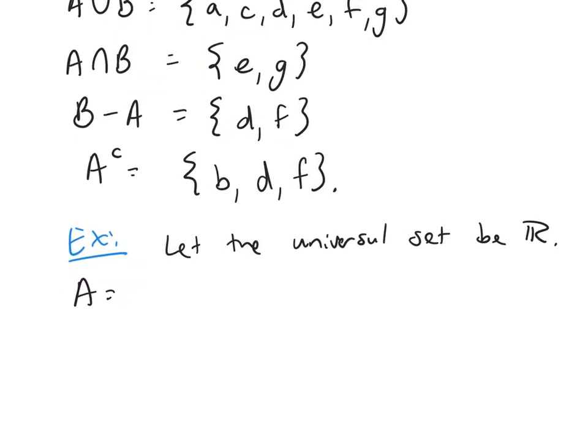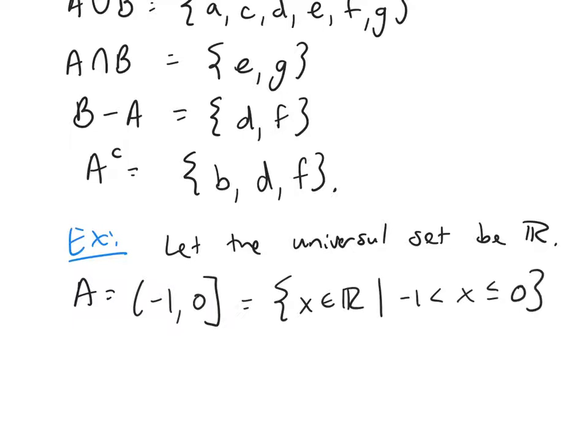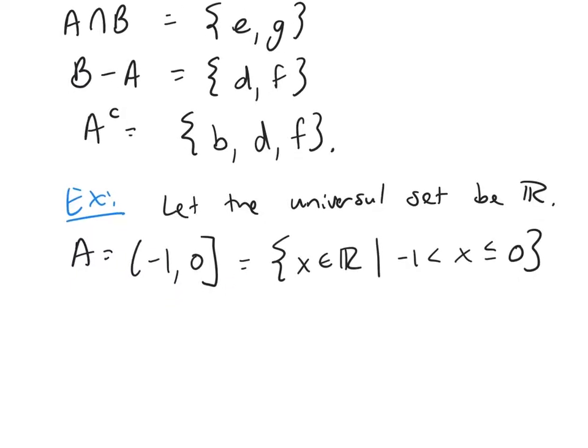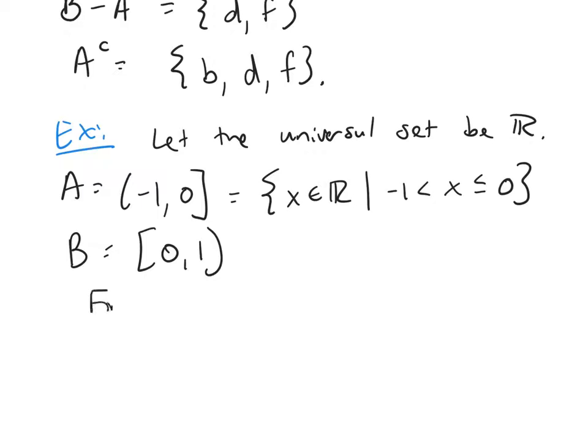So A is the numbers between -1 and 0, not including -1, including 0. And let's say my interval B is from 0 to 1, not including 1. And I want you to find A union B, A intersect B, B minus A, and A complement.